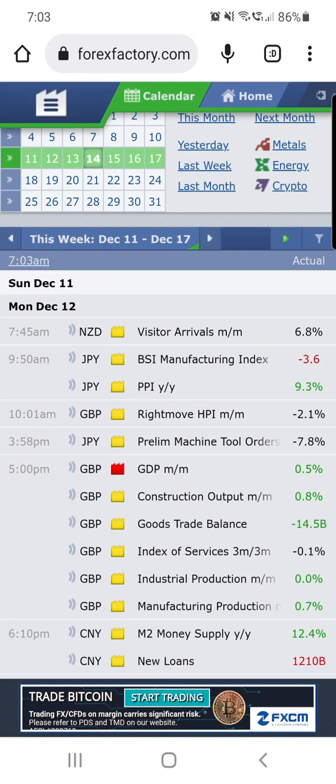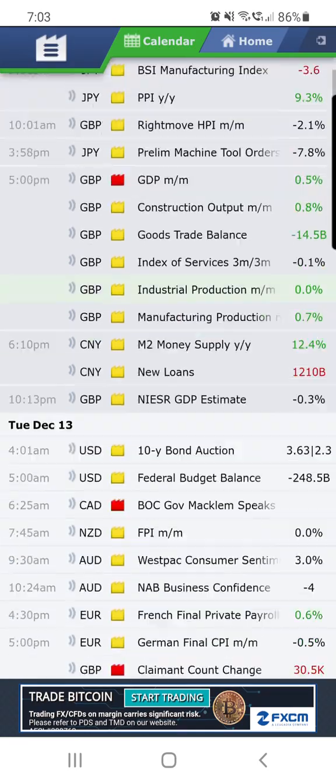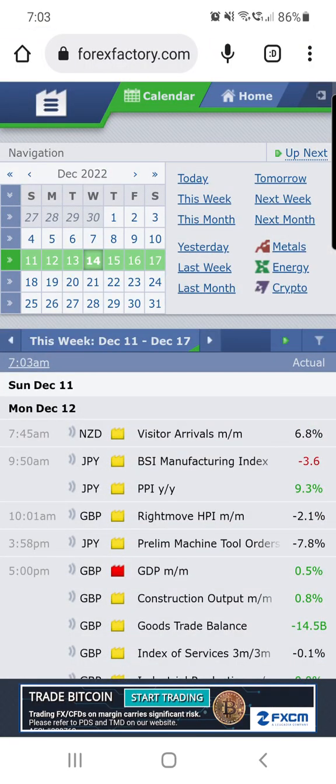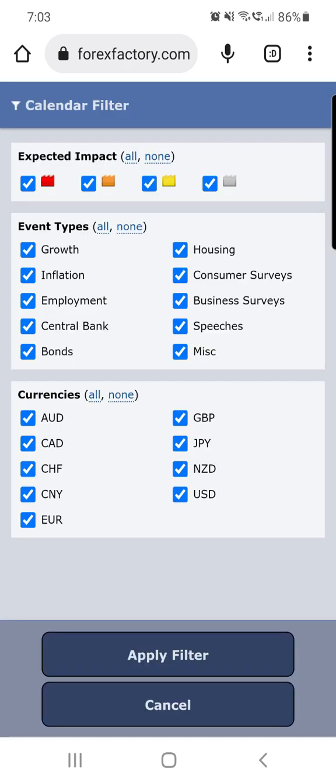Okay, so having done that, that will save a lot of issues. As I said before, there are tons of news events. As far as I'm concerned, anything other than a red folder event, you don't need to know about. So where it says 7:03 a.m, if you go right across to the other side and directly above where it says actual, click on that symbol and you can filter out those grey events, the yellow events, the orange events.